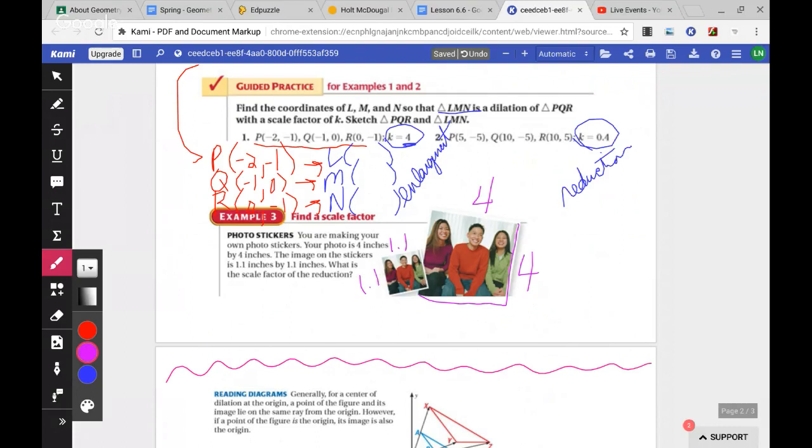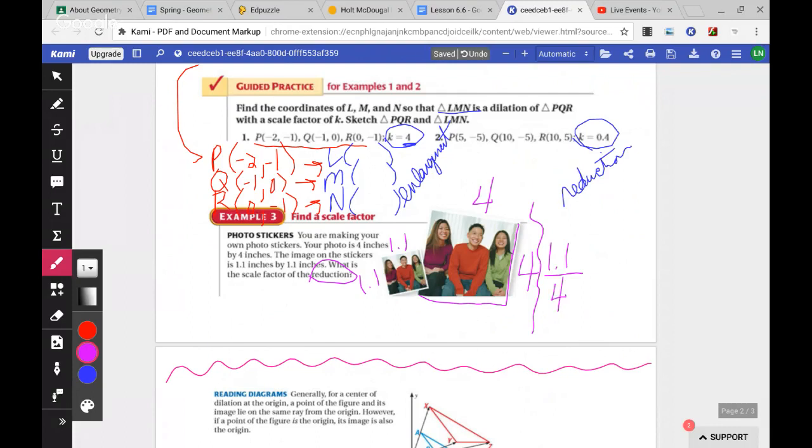What's the scale factor of the reduction? Keyword. If we're reducing, it's getting smaller, so we need a number smaller than 1. So the two numbers I have are 4 and 1.1. Those are the sides that correspond. Because it's a reduction, you put that 1.1 on top. And you put 4 on the bottom.